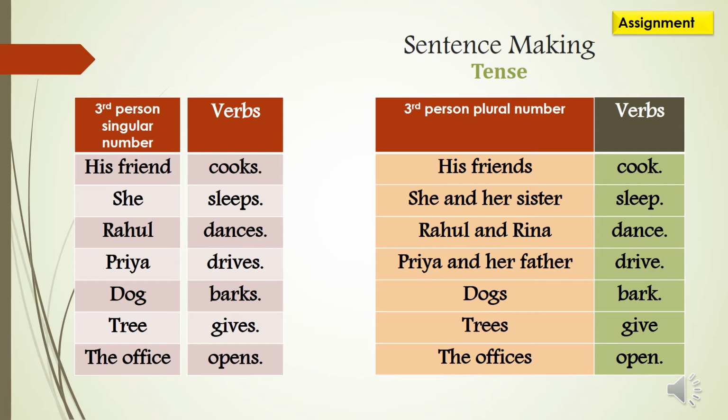Dog barks. Dogs bark. Tree gives. Trees give. The office opens. The offices open. Clear? When you use third person singular number in simple present tense, always attach an s or es with the verb, but in case of plural number third person, there is no need of attaching s with the verb. Only put the verb beside the subject.